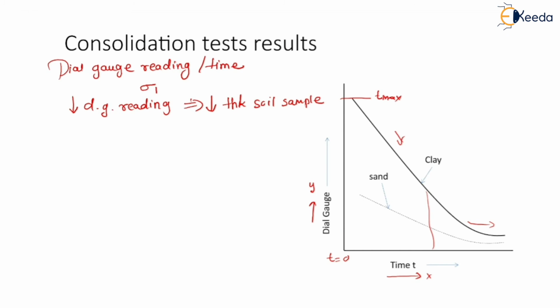Whereas change in thickness in clay occurs at comparatively lower rate. After 24 hours, there will be no change in thickness. That means the plot will be a straight horizontal line because its thickness will remain constant after 24 hours.